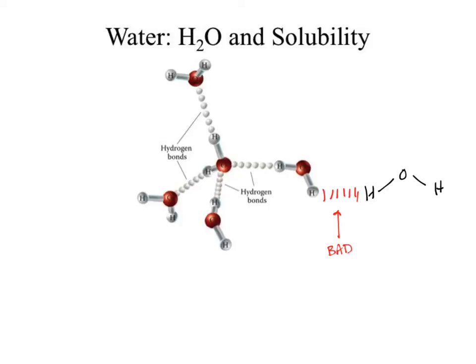Not a bad idea, but no. It is electronegativity. Thank you, Sebastian. Oxygen is more electronegative than hydrogen, which means the electrons in that bond spend most of their time with oxygen. Meaning oxygen is gaining electrons from the hydrogen, making the oxygen what charge? Negatively charged.